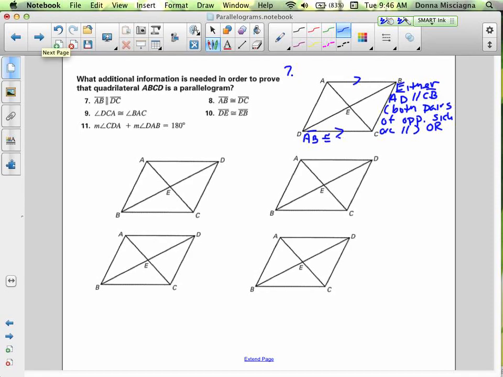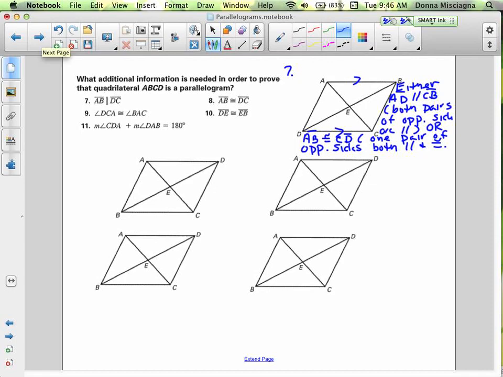Did I say the right ones? No, excuse me. AB congruent to CD. And then that would be one pair of opposite sides both parallel and congruent. Right? So either one of those things would work.